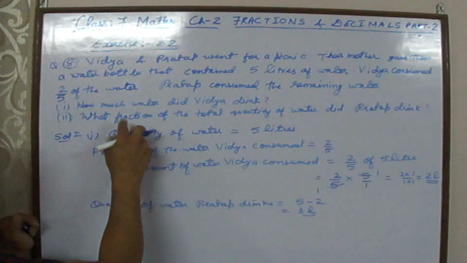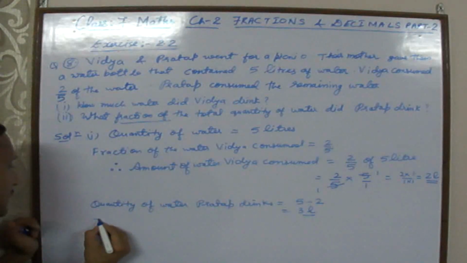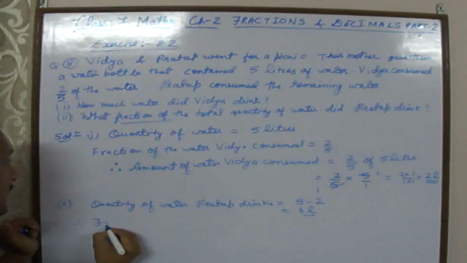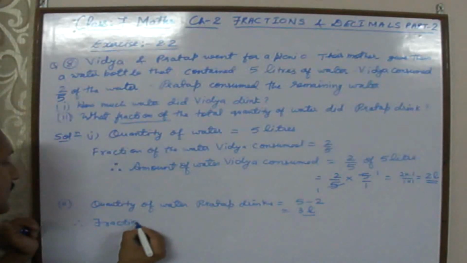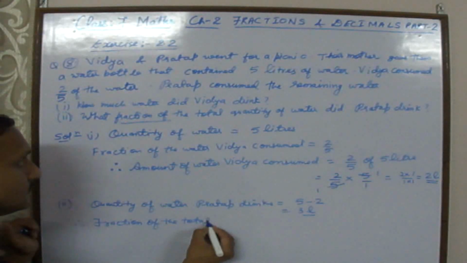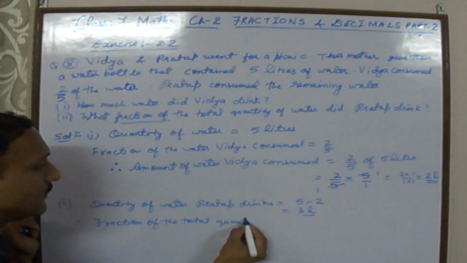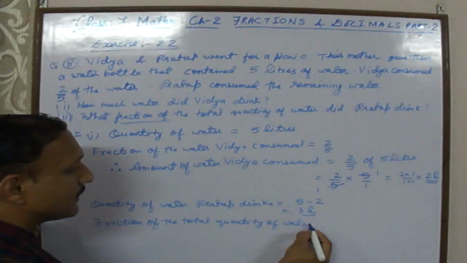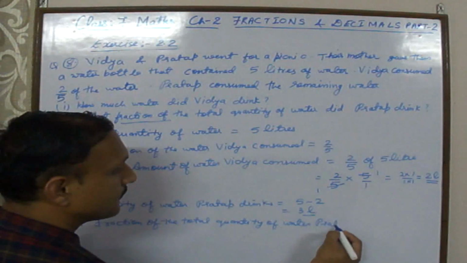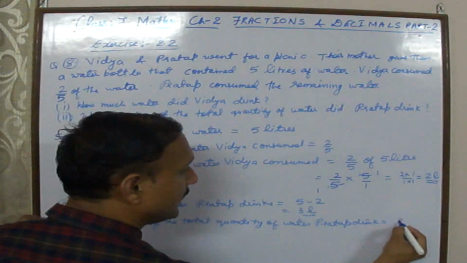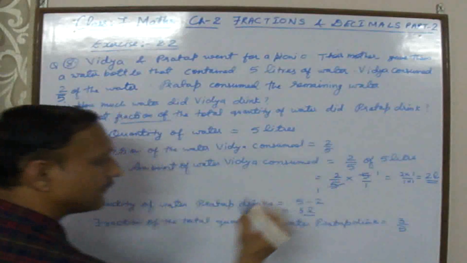Now we have to find out the fraction. This is the second part we are doing. Fraction of the total quantity of water Pratap drank equals 3 out of 5.